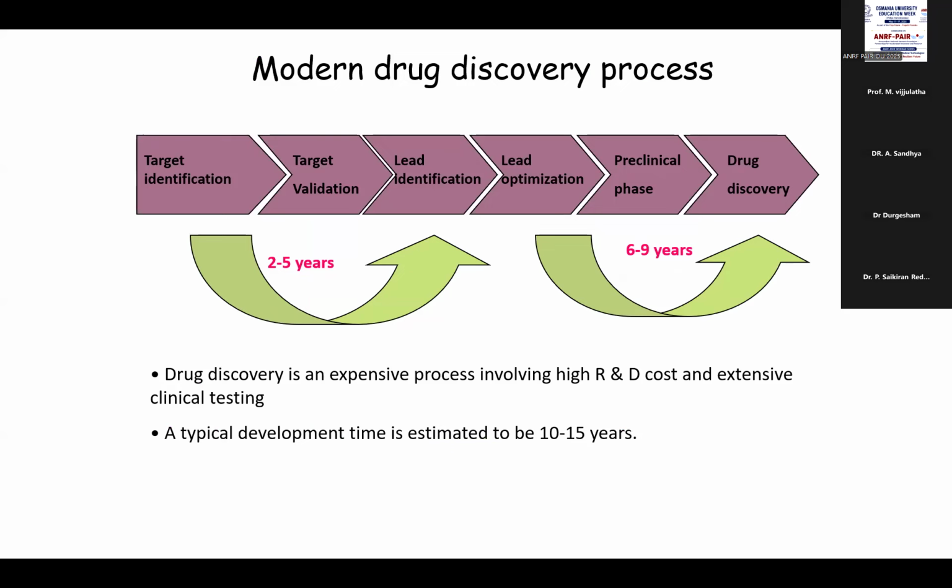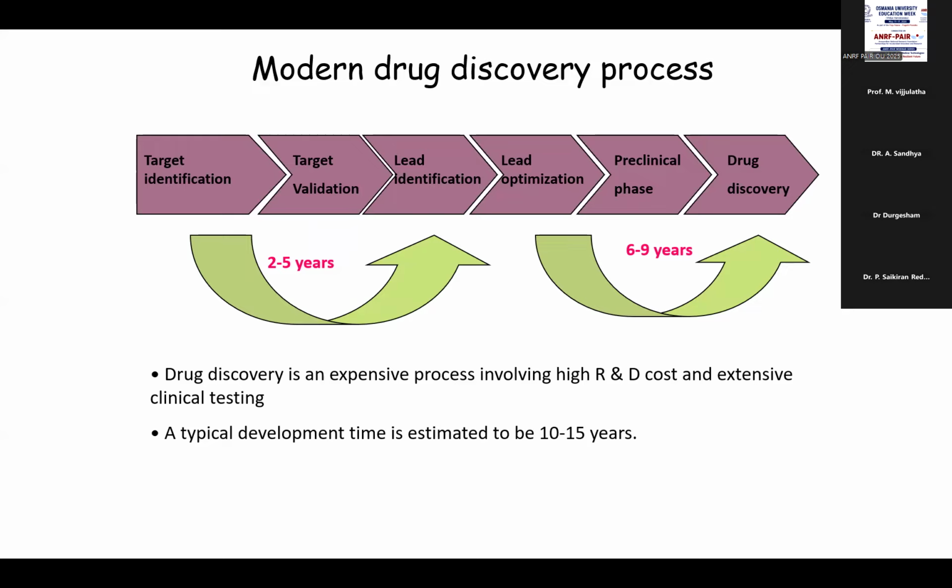In the initial step, we try to understand what are the targets which we have to identify, so that the target which is causing the disease has to be identified first. And then we have to validate whether that is the target which is causing the disease or not.